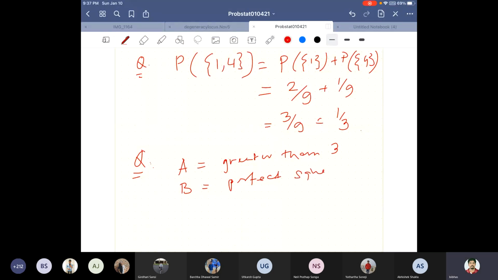What are they asking? They're asking, what is the probability of B when A is given?